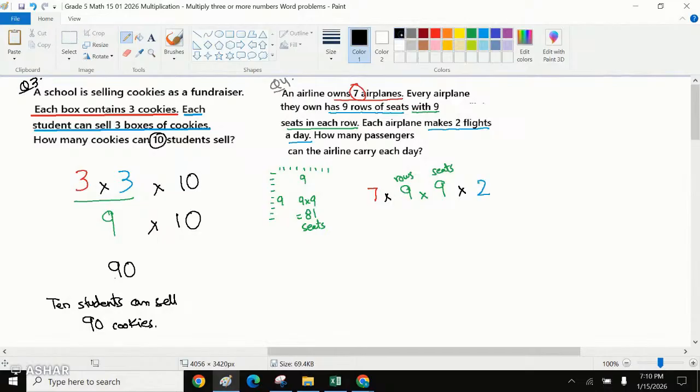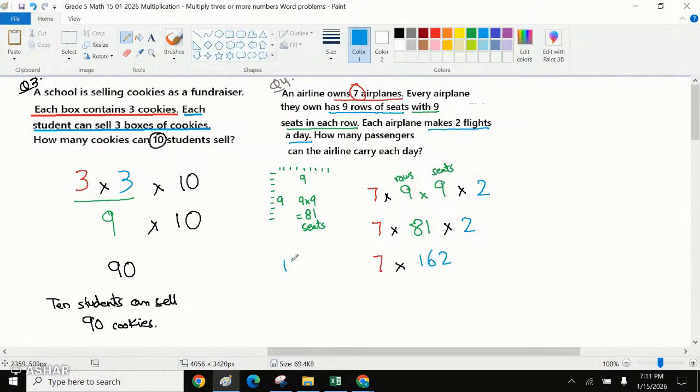That means we can say 7 is multiplied by, we know that 9 multiplied by 9 is 81, multiplied by 2. We can multiply 81 by 2 is 162, right? 8 times 2 is 16, and this comes out to be 162. That means 7 is multiplied by 162.